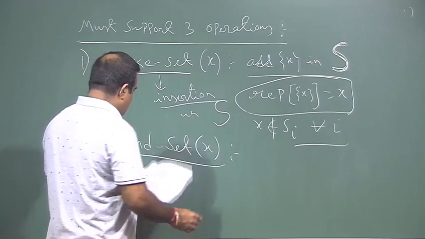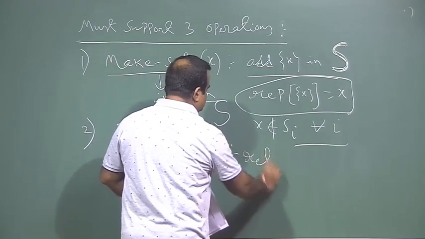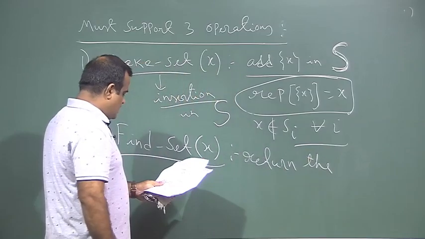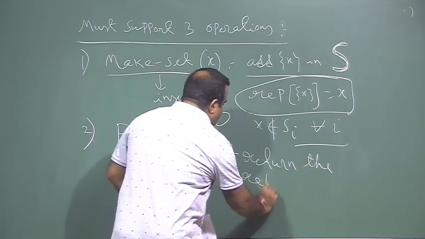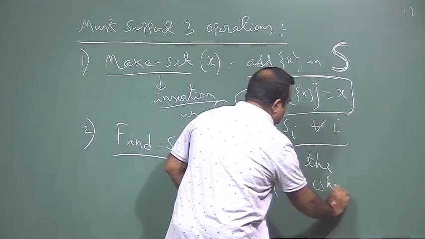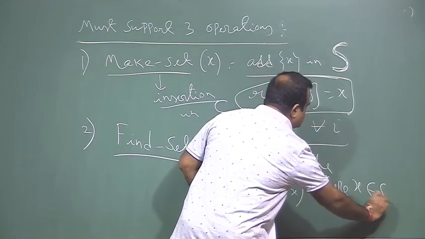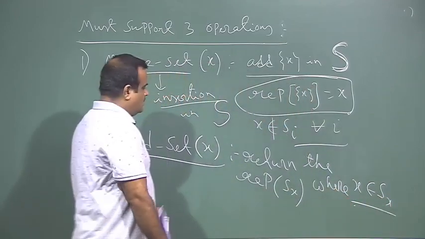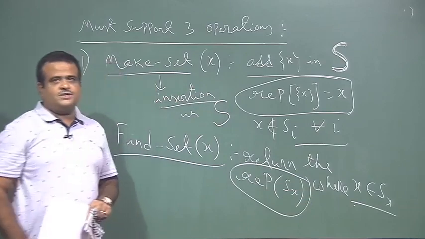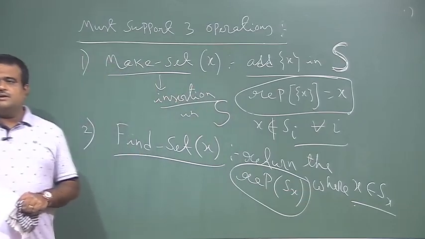So this is basically returning the rep of S x, where x belongs to S x. So we must get the representative element of the set.